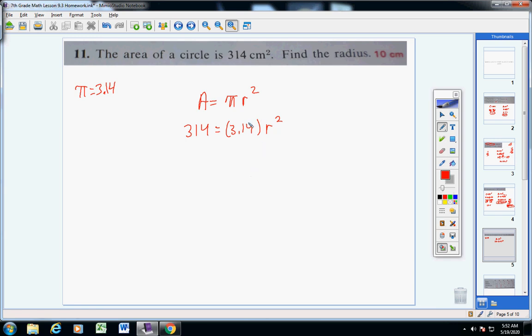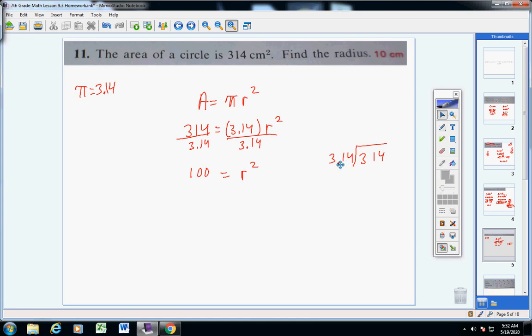So, what is the 3.14 doing to the radius? It's multiplying, right? This times this. So the opposite of multiply is divide. And you will get 100. 314 divided by 3.14.